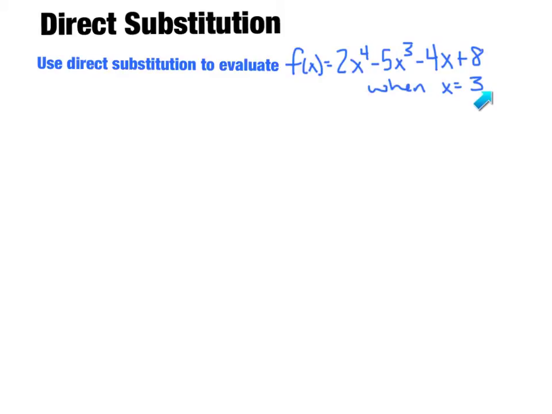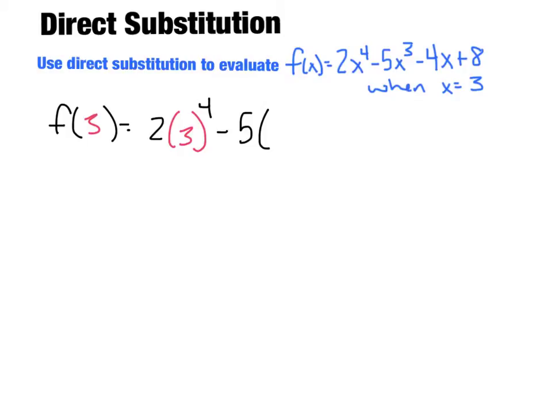So f of x equals all that, so f of 3 equals 2 times 3 to the 4th minus 5 times 3 cubed minus 4 times 3 plus 8. All I did was replace all of my x values with a 3.